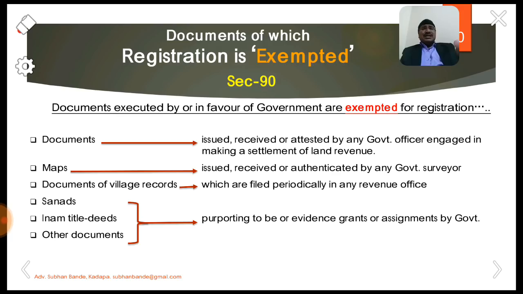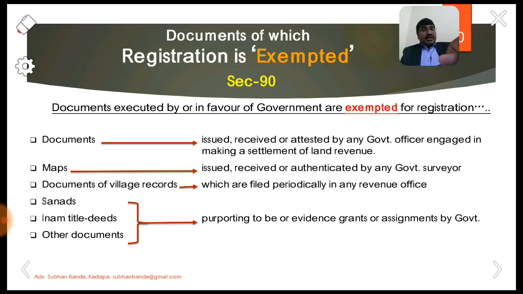For such documents, registration is exempted. If you execute any instrument in favor of the government, then registration is exempted. Simply, we remember one thing: if any document is executed by the government, registration is exempted. If any document is executed in favor of the government, registration is exempted.